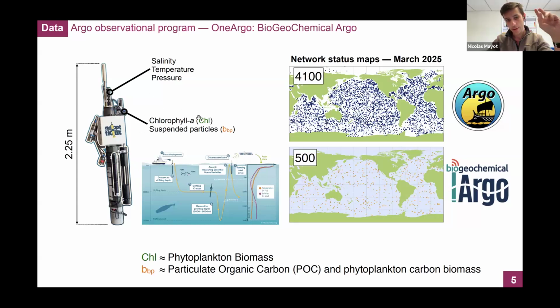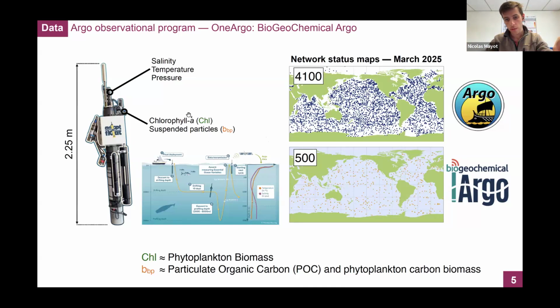But here I'm going to focus on 2 of these variables, chlorophyll and BBP. Right now, there are around 500 of these floats active in the ocean, and the target is to increase this array to around 1,000 BGC Argo floats for the next decade.